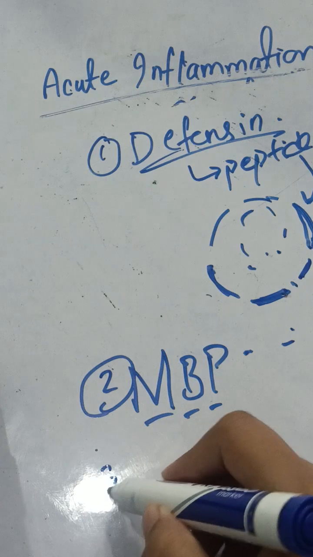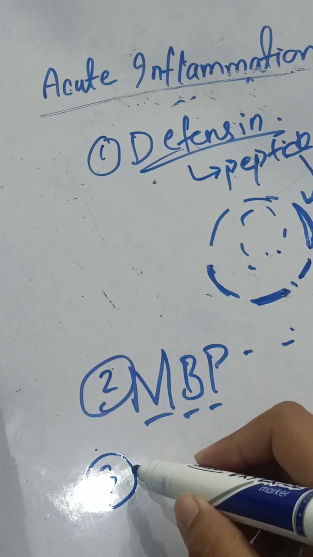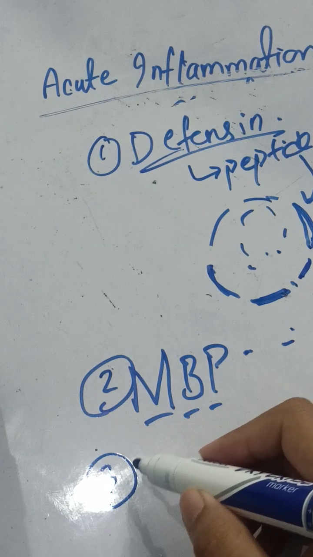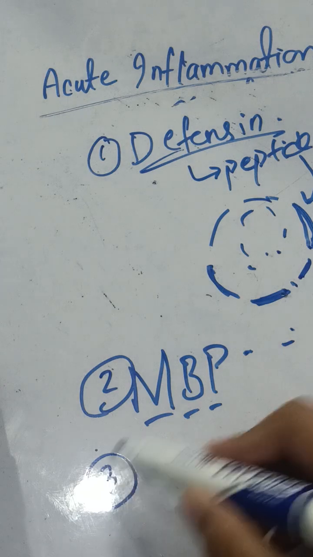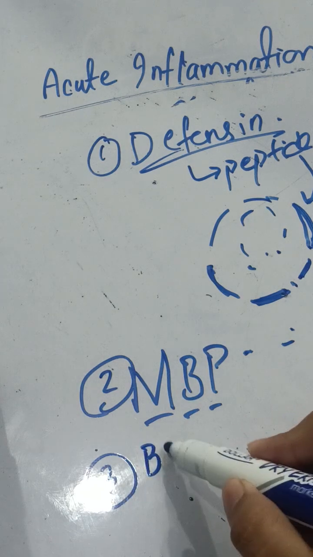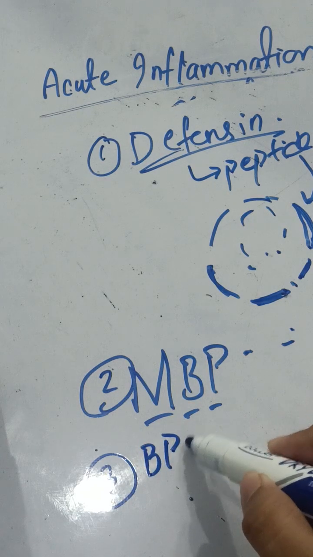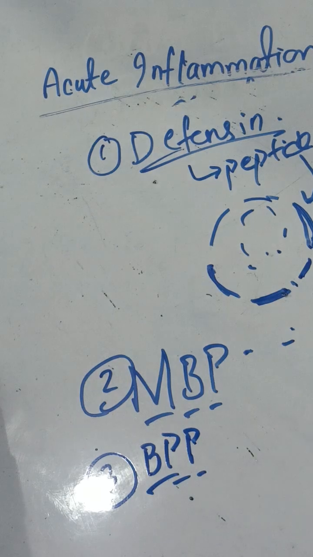The third killing mechanism is the bactericidal permeability increasing protein, BPI. It causes phospholipase activation and membrane degradation, so it also degrades the membrane of the microbe and kills it.